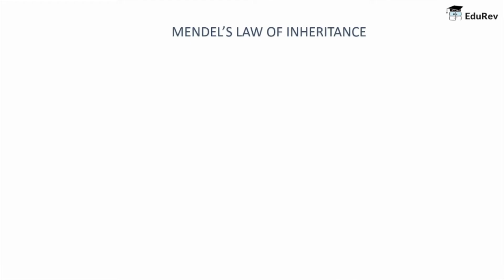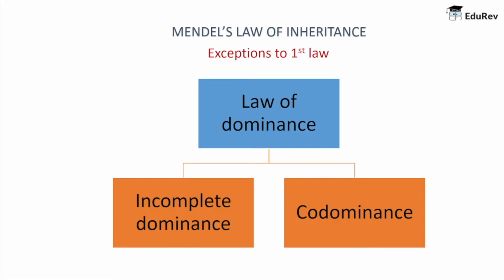So Mendel gave us the law of dominance. But here is a fact, that evolution is a process that has been happening for so long and will keep on happening till the earth we know is intact. Because of this, a few exceptions to the law of dominance were later seen, and those were called incomplete dominance and codominance.